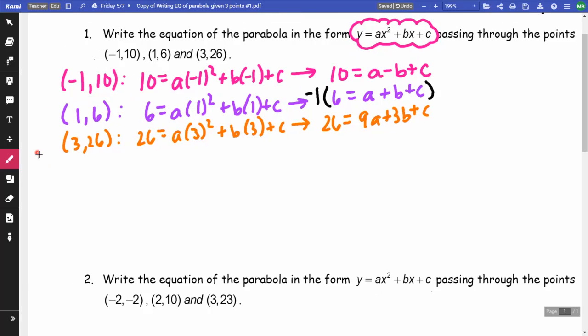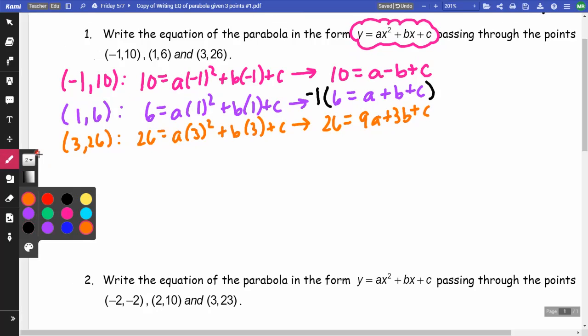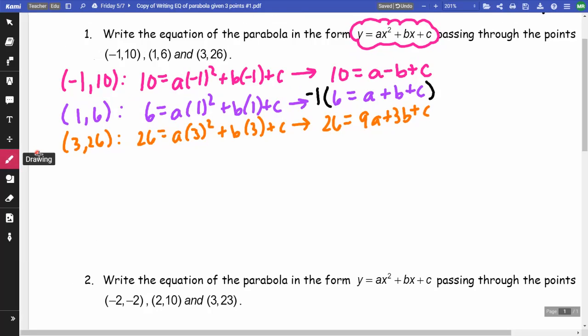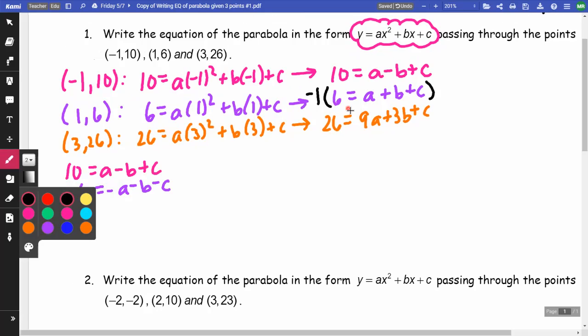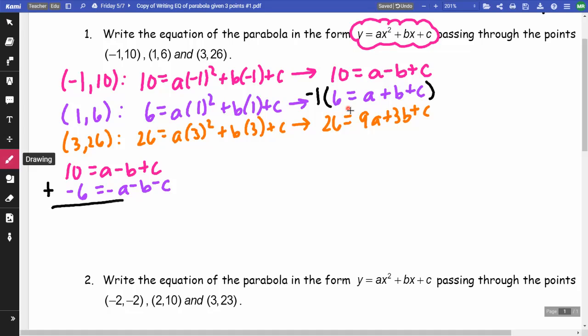Okay, so let's say I take 10 equals a minus b plus c, and then I'm going to use my purple equation over here that I'm going to distribute my -1 to. So that's going to give me -6 is equal to -a minus b minus c. And hopefully I will have my c's eliminate. And actually, in this case, I think I have more eliminated.